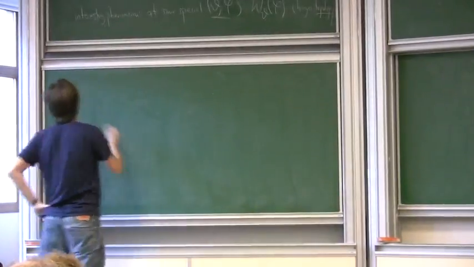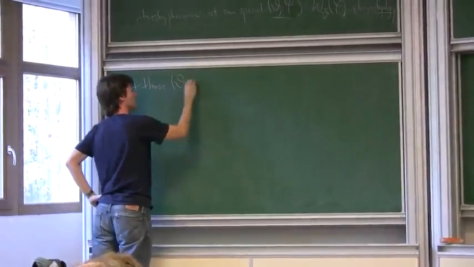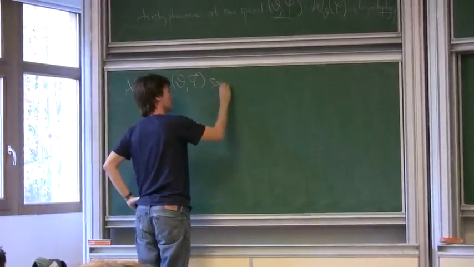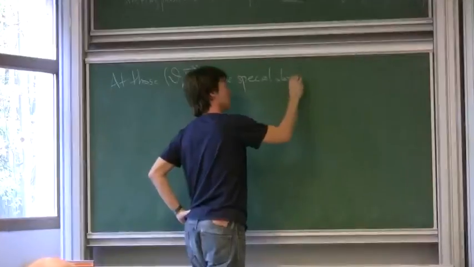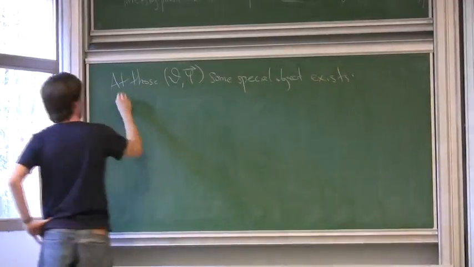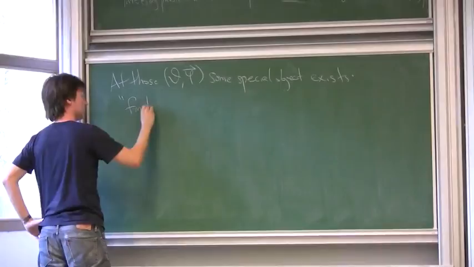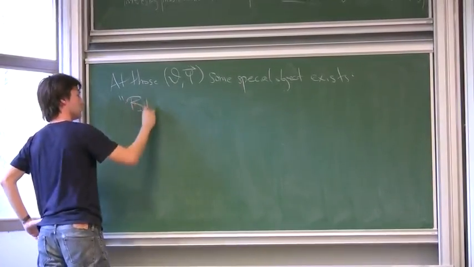At those theta phi, some special object exists, which let's call a BPS network.